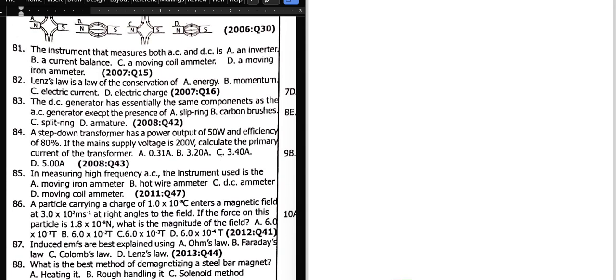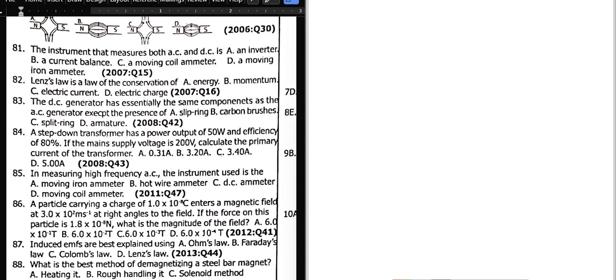So we're doing 86 now, the final question for chapter 28. 86 says a particle carrying a charge of 1.0 times 10 raised to the power minus 6 enters a magnetic field at 3.0 times 10 raised to the power 2, at right angles to the field.